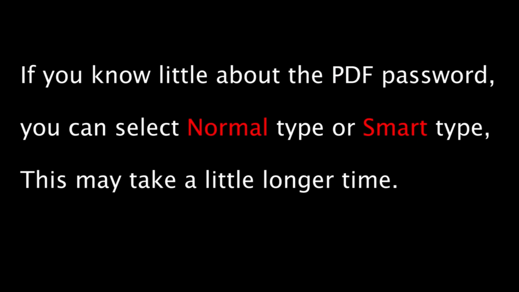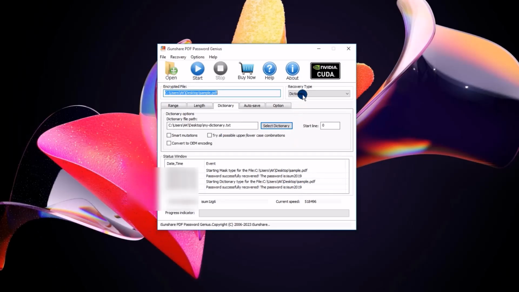If you know little about the PDF password, you can select Normal Type or Smart Type, but it will take a longer time to recover the password. Select the recovery type.